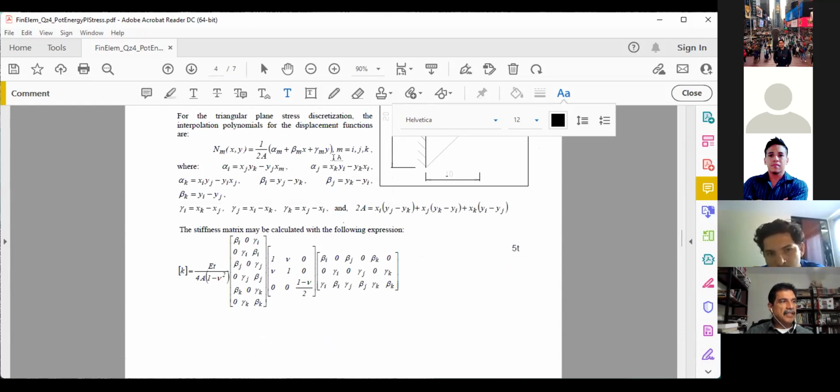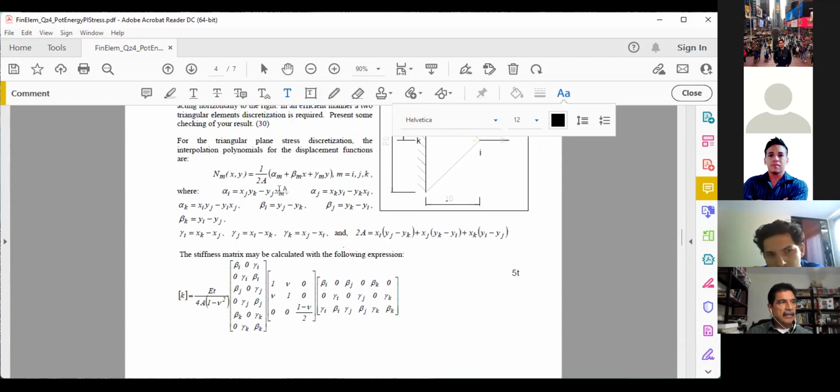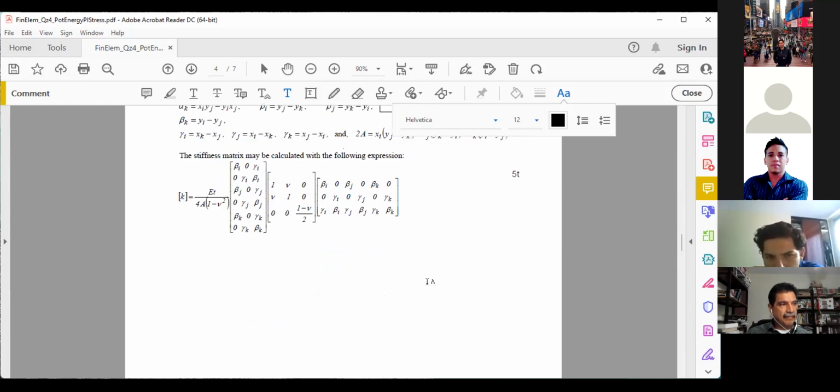We need to differentiate this with respect to x. And the derivative of this with respect to x, what will give you? Anybody? The derivative of this with respect to x. A constant. Exactly. And that constant is equal to beta divided by 2a.